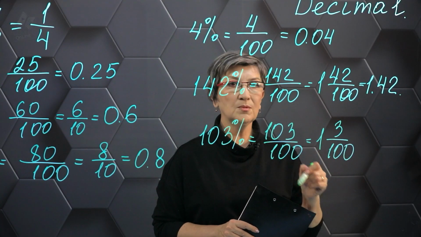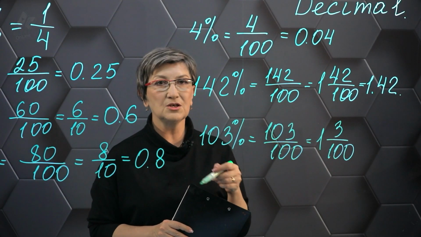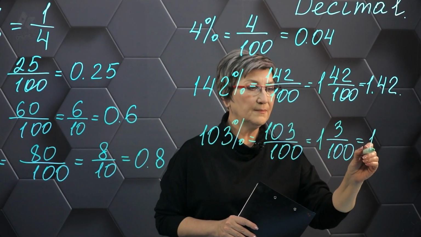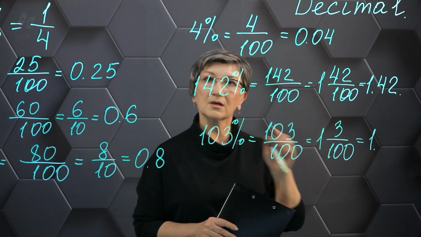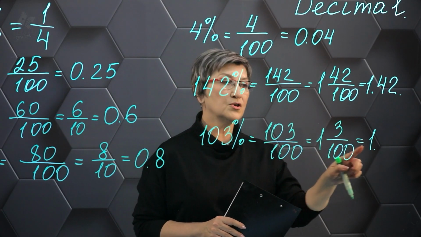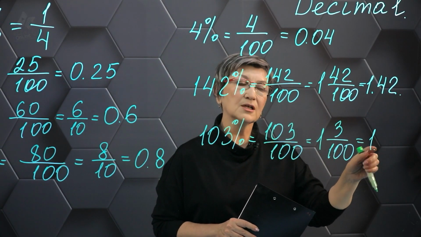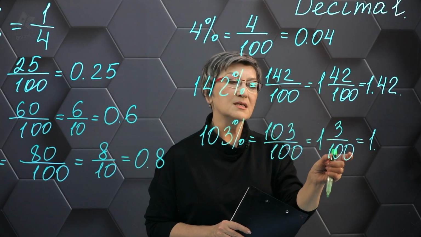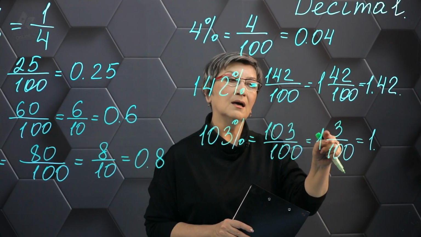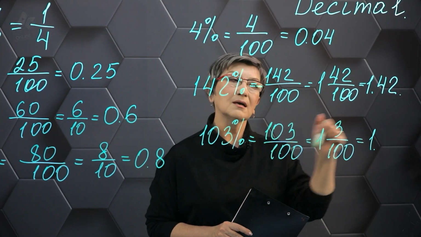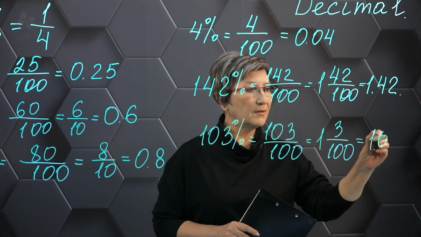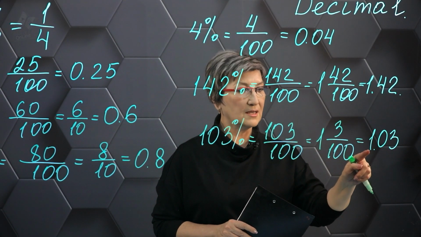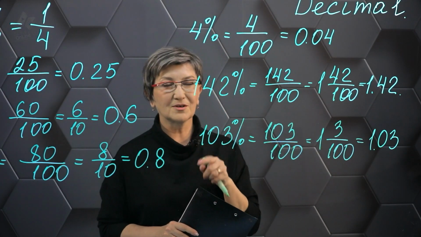And then we can write that number as a decimal number. So that's 1.03. Be careful. After the decimal point there must be as many digits as there are zeros in the denominator, and we have 2 zeros in the denominator, and in the numerator we only have 1 digit. So I'm going to add a 0 and write 3. The result is 1.03.